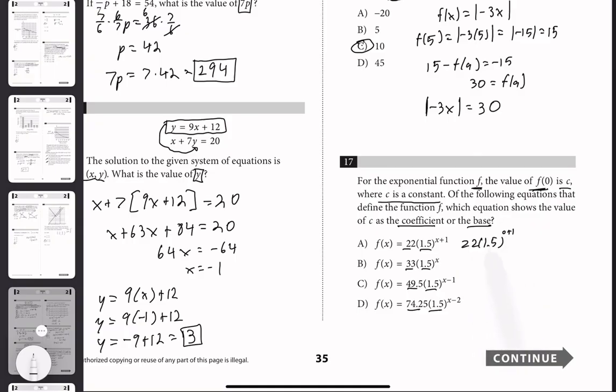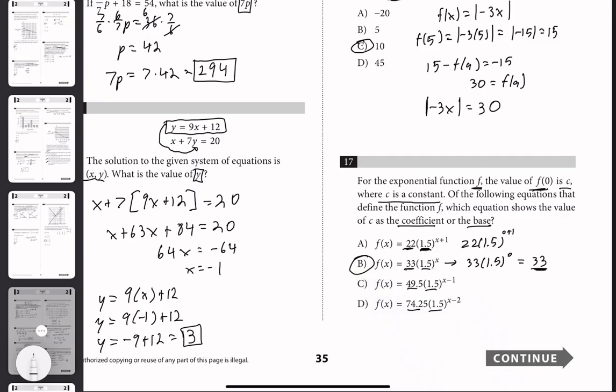This is going to be 22 times 1.5, which is not going to be equal to either of these values. It's going to be the product of them. Looking at this, we get 33 times 1.5 to the 0, which is going to be equal to 33, since anything to the 0 is 1. And this matches up with the coefficient, and that's going to be our answer.